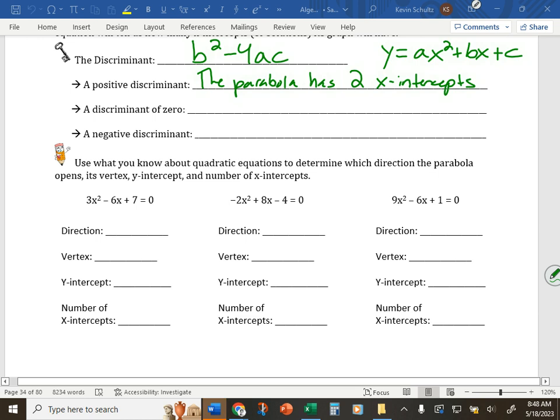A positive discriminant means the parabola has 2 x-intercepts. It doesn't tell us what they are, just that it has 2 of them.